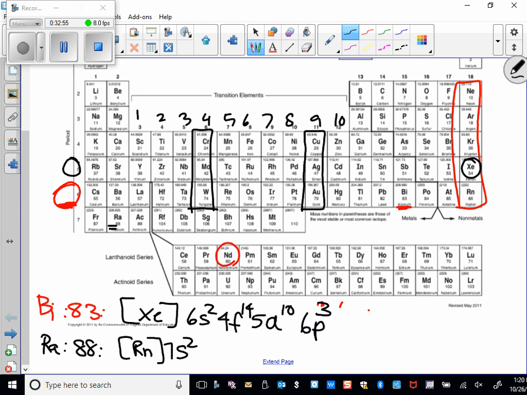Do you understand? For some reason, they like to be half filled or fully filled in their electron configuration.